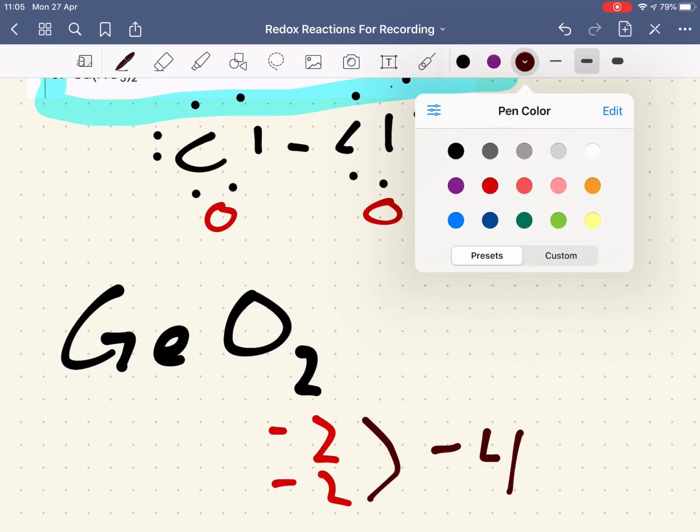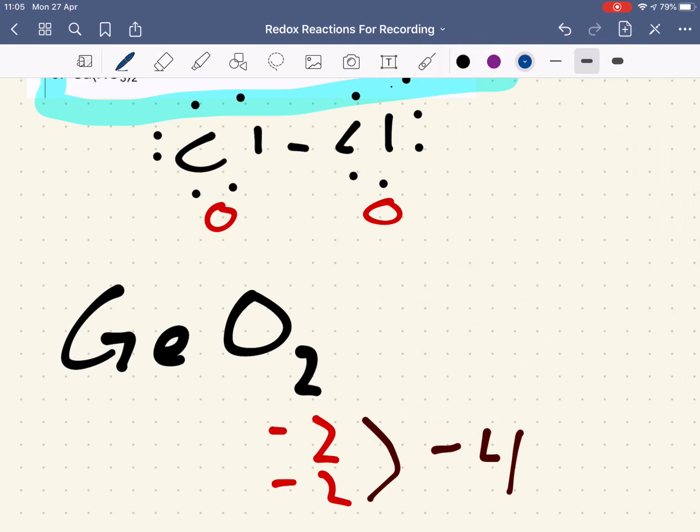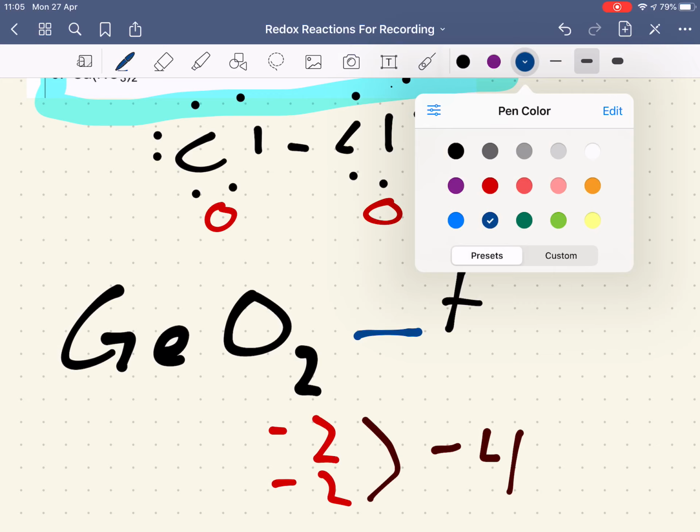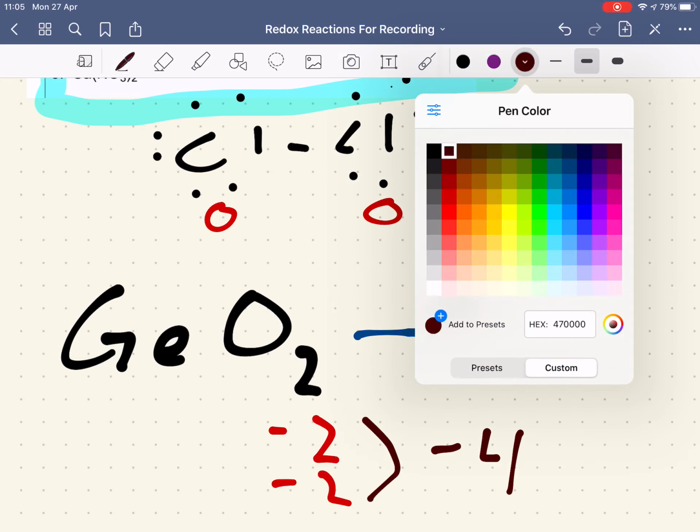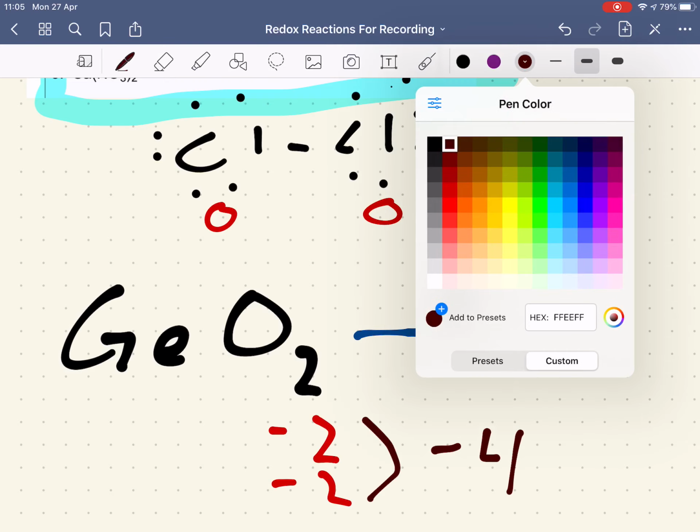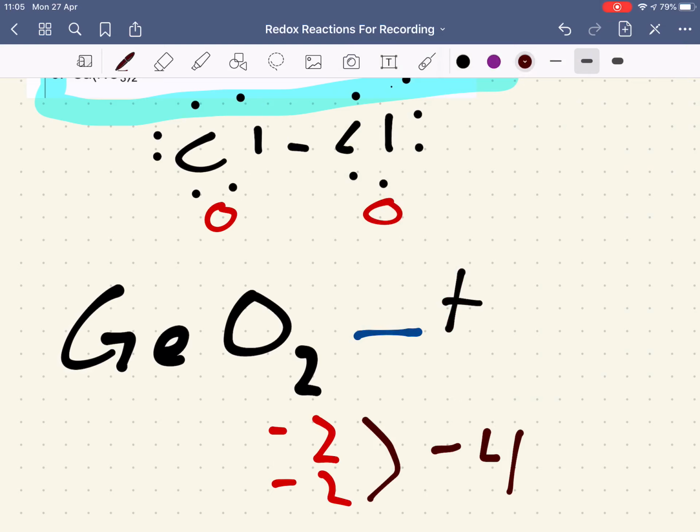Whatever Ge is, that's blank, plus -4, equals 0.